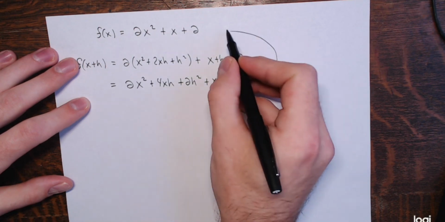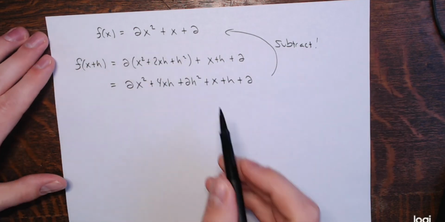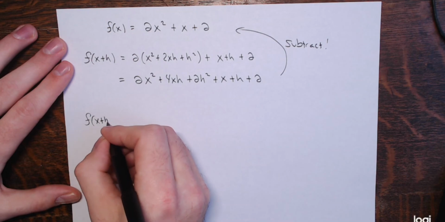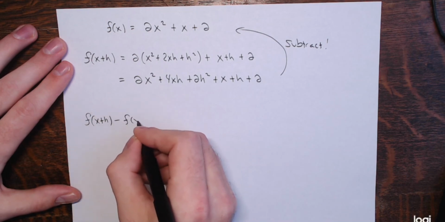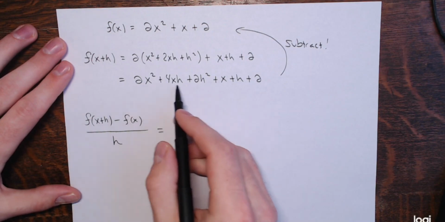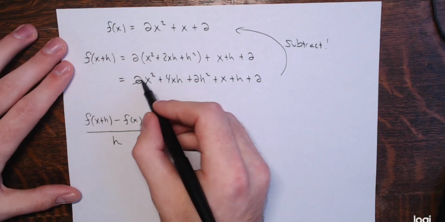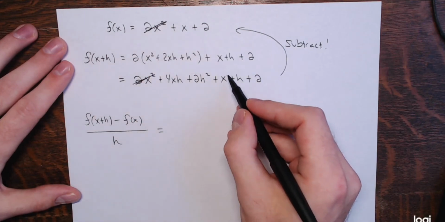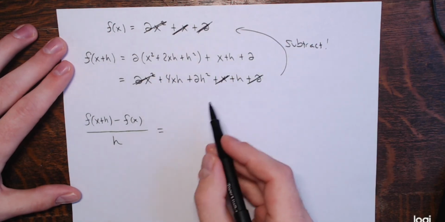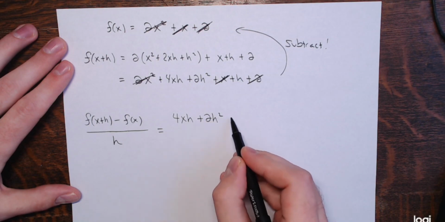Then you're subtracting the terms from f of x from this. All right, so the difference quotient, f at x plus h minus f at x, all divided by h. Numerator, we're taking f at x plus h and subtracting all these. Well, the 2x squared would be gone, the x would be gone, and the 2 would be gone, and you're left with all these terms with h in it, right? 4xh plus 2h squared plus h, divided by h.